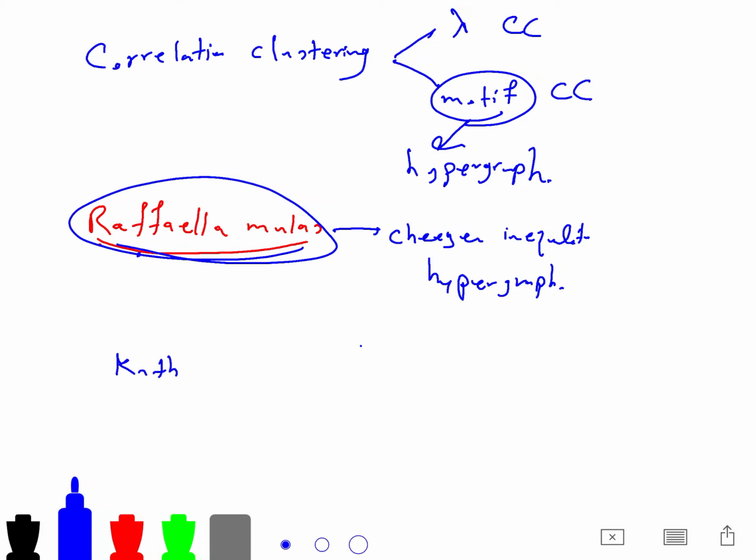And there is another guy, Karthik Chandrasekaran, and he used hypergraph k-cut for fixed k in deterministic polynomial time.